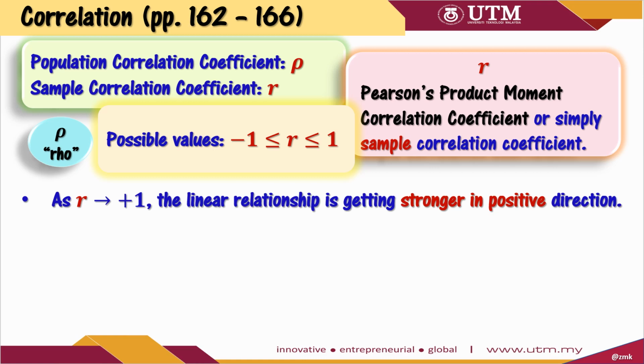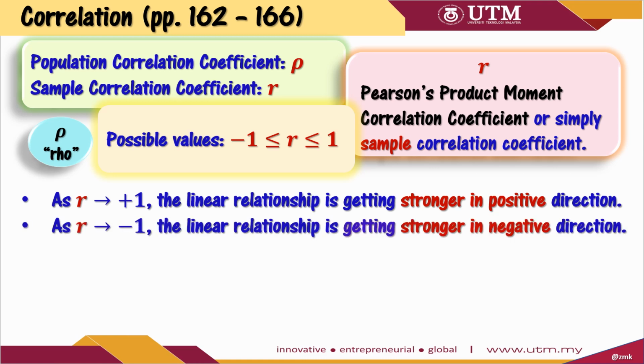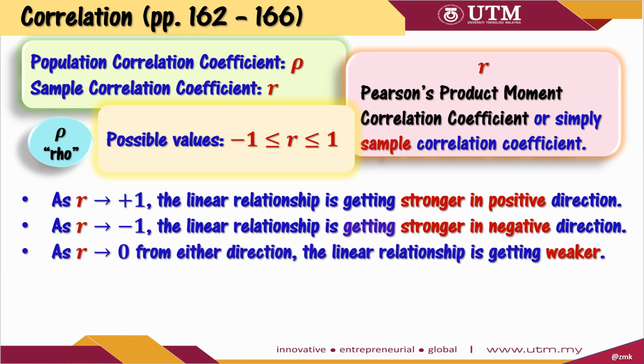Similarly, as R value goes closer to -1, it implies that the linear relationship is getting stronger as well, but in negative direction. However, if R moves towards 0, either from positive or negative direction, the linear relationship is said to get weaker.